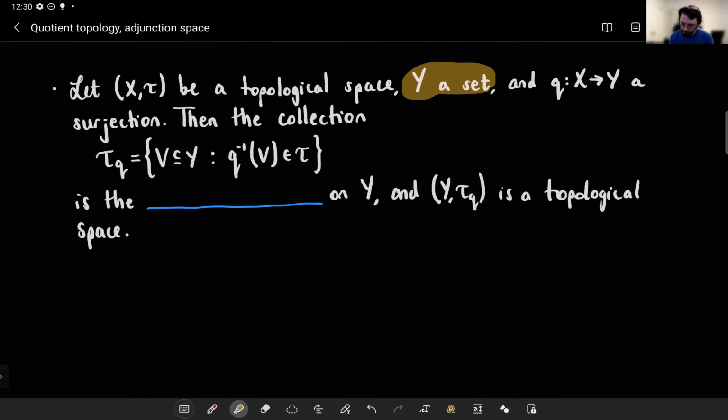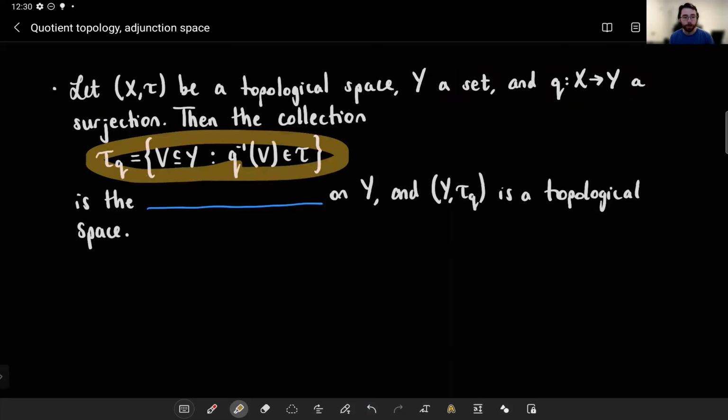And we're given a surjective map, which instructively I'm labeling Q, because you're going to think about it as a quotient map. Then you can define a topology on Y.